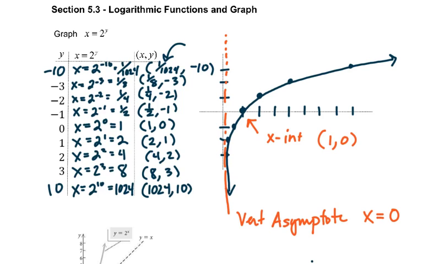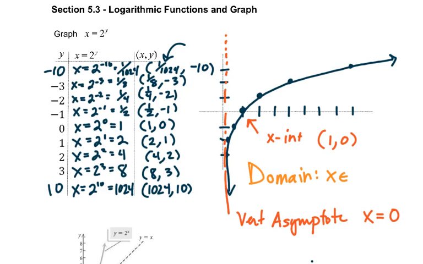And so now that we're into logarithms, we have another rule. And you'll notice here, my graph is never going to go to the left side of that vertical asymptote. It's never going to cross over it. So what is our domain in this situation? We have a new domain restriction.